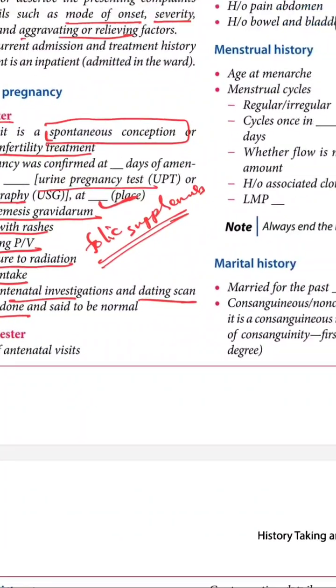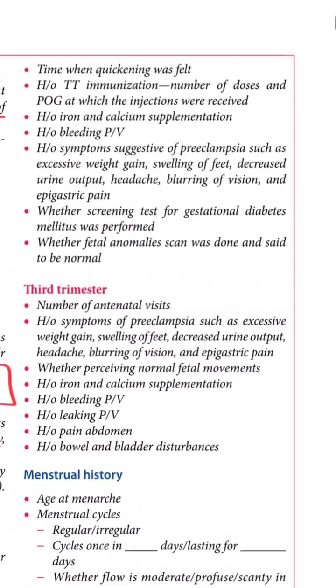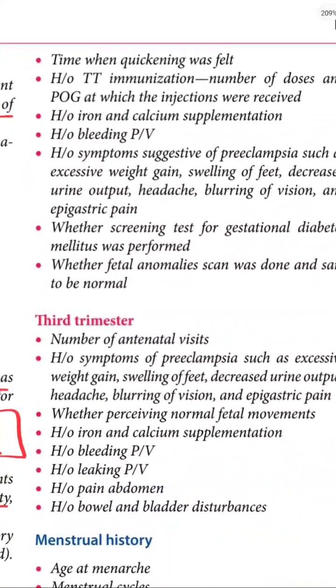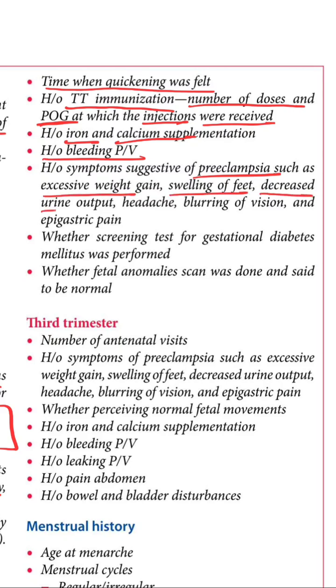Second trimester, number of antenatal visits is very important, and the time when quickening was felt. History of tetanus toxoid immunization, the number of doses and period of gestation at which the injections were received, history of iron and calcium supplementation, history of bleeding per vaginum, history of symptoms suggestive of preeclampsia such as excessive weight gain, swelling of feet, decreased urine output, headache, blurring of vision, epigastric pain.